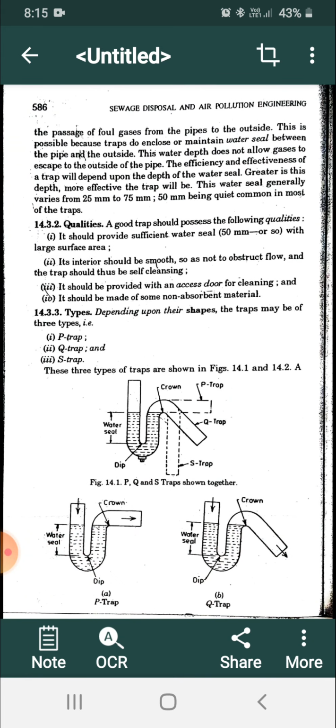You have observed in the toilet room, here is a commode. Today there are European type commodes and Indian type commodes. See, in this case, particularly the European type, in this commode you can see there is water stagnant inside. This water is a seal.